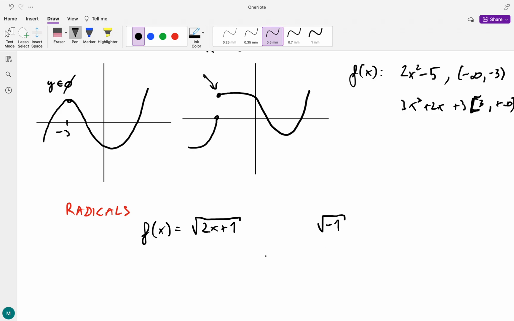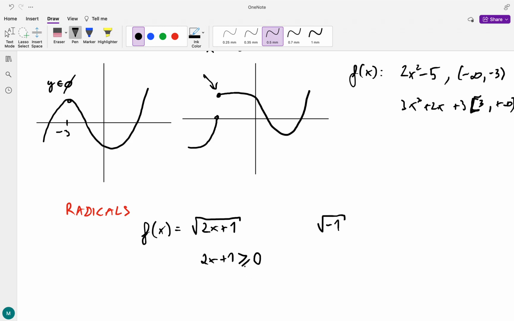So in this case, we're going to write our function slightly different, or find the domain of the function in a slightly different way. We're not going to say that the thing under the radical has to be equal to 0, but we're going to say that 2x plus 1 has to be greater or equal to 0.